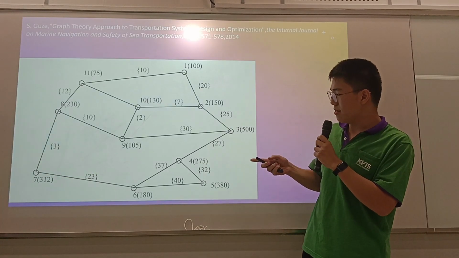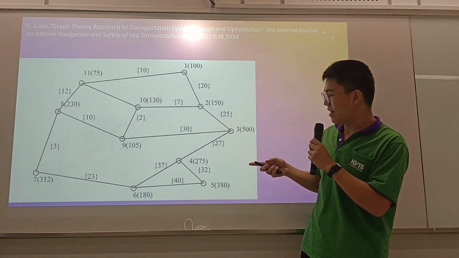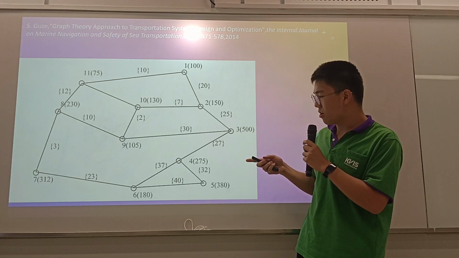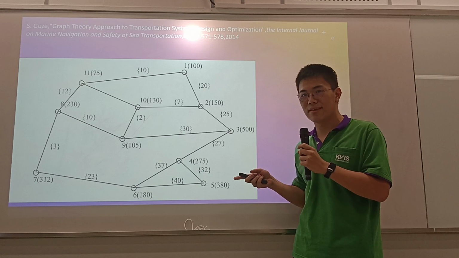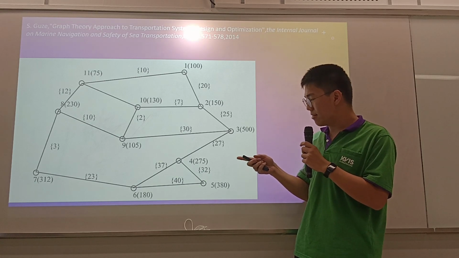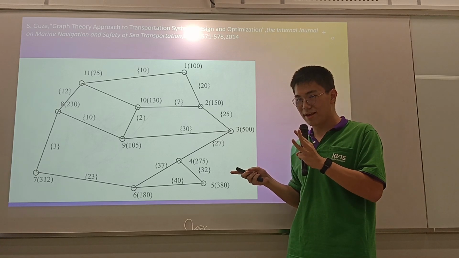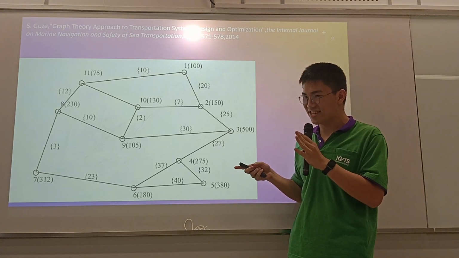Okay. And this is the graph optimization, and it could be involved in the algorithm too. We will consider it as a weighted graph, since it differs in distance, speed, road passability, or transportation cost.